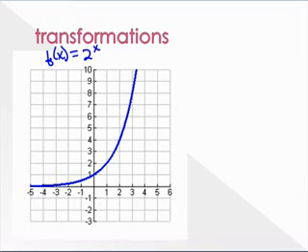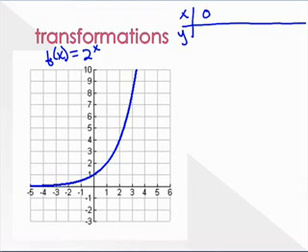Okay, so keep in mind our table of values then when we graph this, I'll put it up here this way, is when x is 0, 2 to the 0 is 1. When x is 1, 2 to the first is 2. If x is 2, 2 squared is 4. X is 3, 2 to the third is 8. So those are some points on that graph: 0, 1, 1, 2, 2, 4, 3, 8.